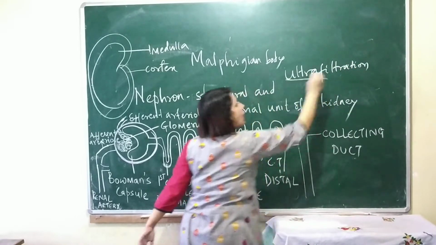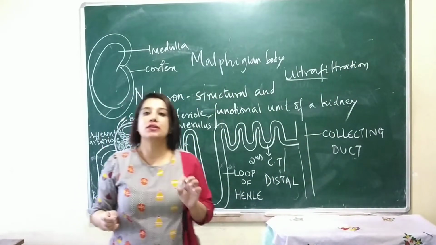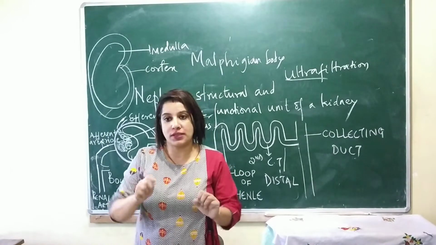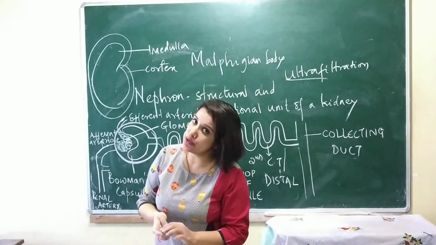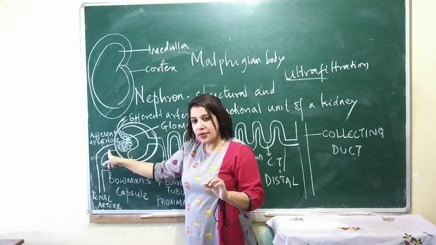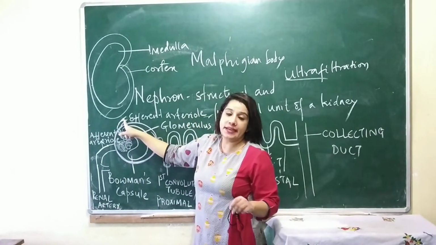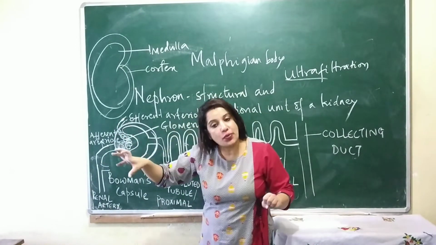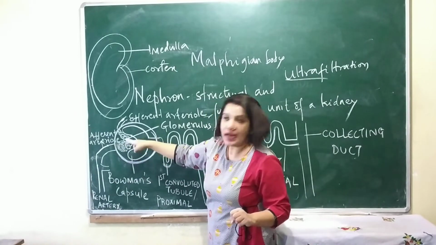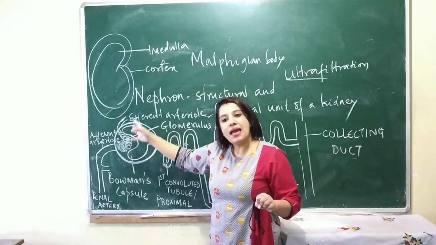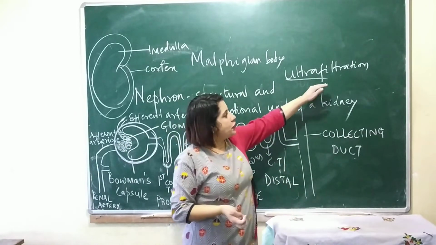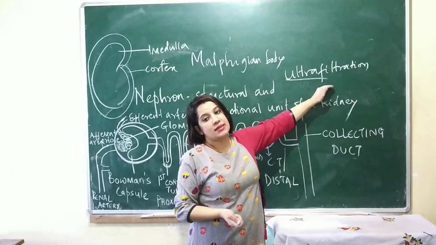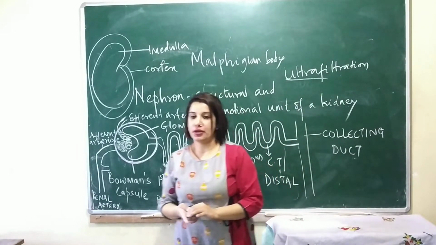Why is it called ultrafiltration? Because the filtration is caused due to great force. Here it is thick, here it is thin, so the blood flows under great pressure inside the glomerulus. Hence, filtration takes place and it is known as ultrafiltration.